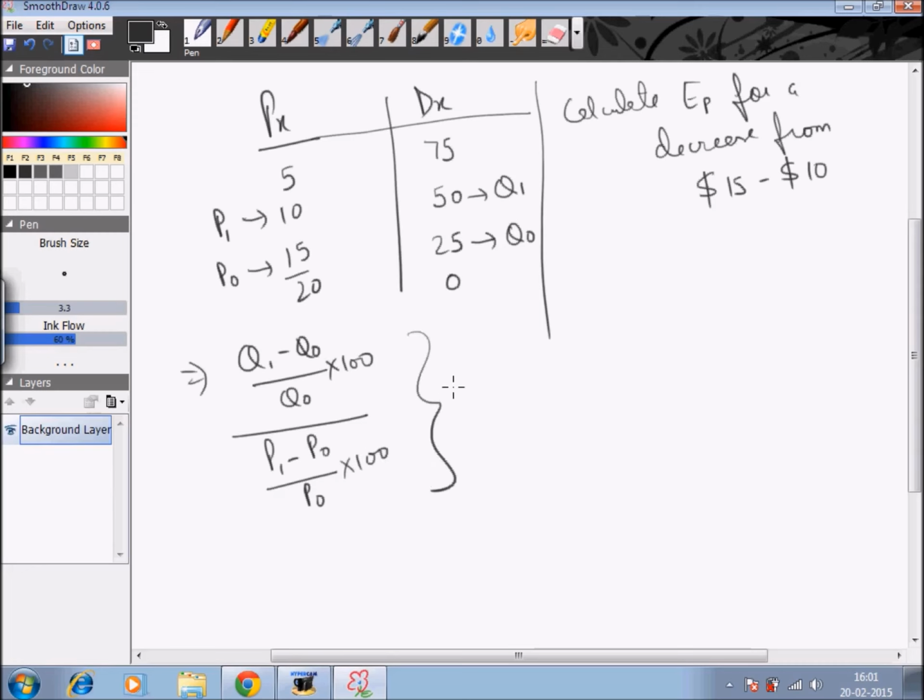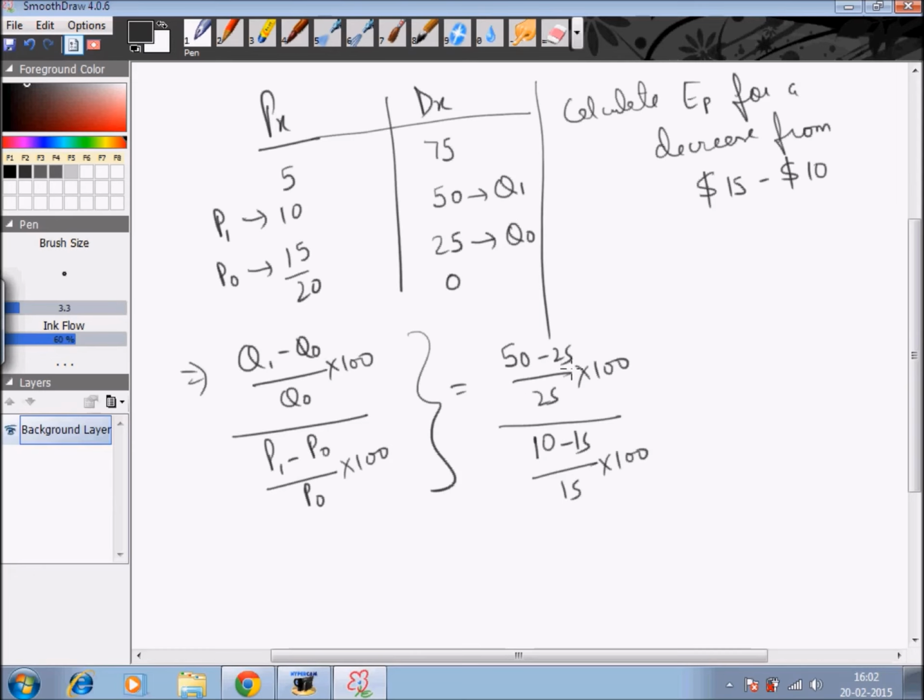Substituting the values here, we get 50 minus 25 upon 25 into 100 divided by 10 minus 15 upon 15 into 100. Now you have to substitute the values very carefully. Most of the students make the mistake here while substituting the values.